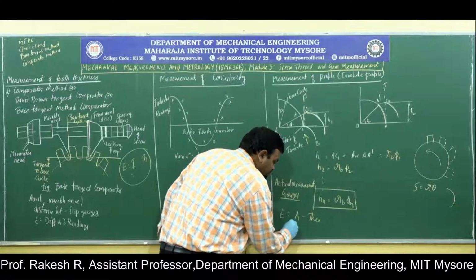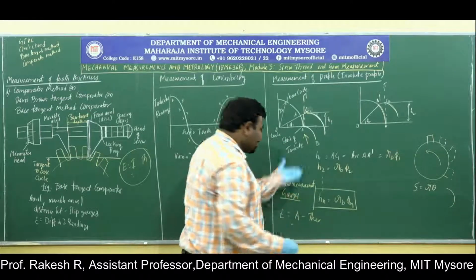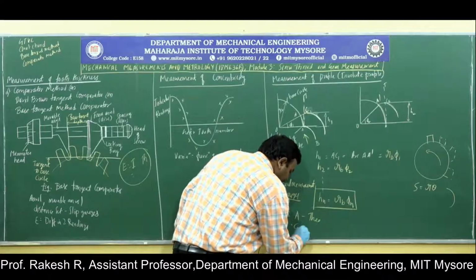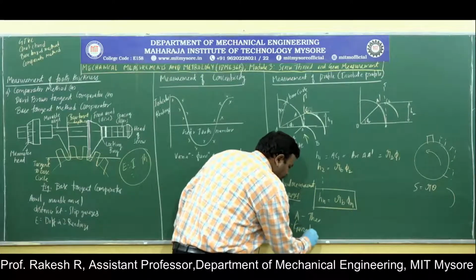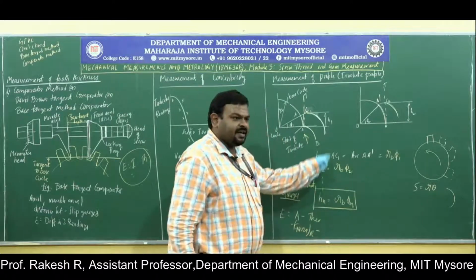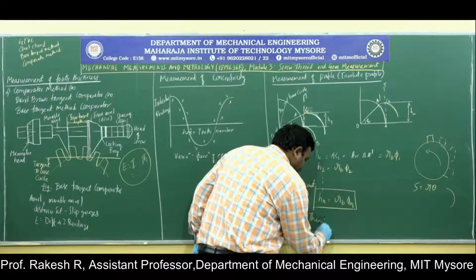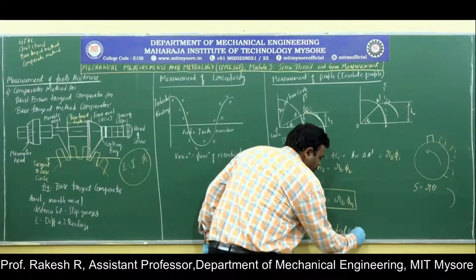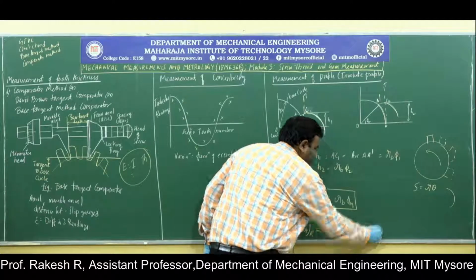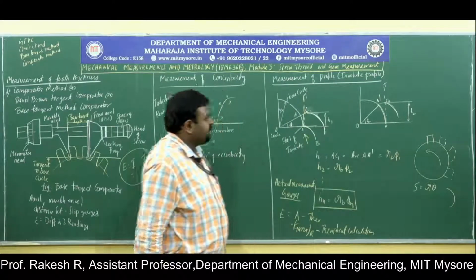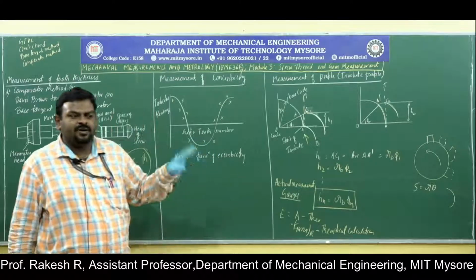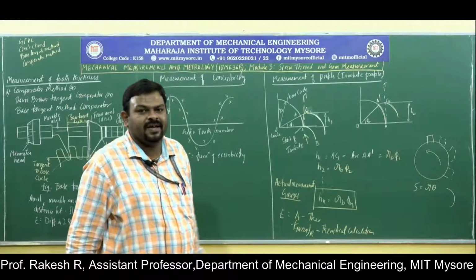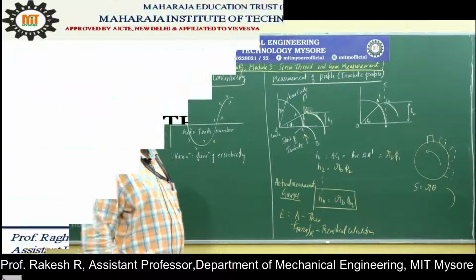Here the actual reading is from the instrument, the gauge reading, minus the theoretical, which is this calculation. This will give you the error. And this is about how to measure profile. Profile is the involute profile. It is just the profile of the gear during indexing.